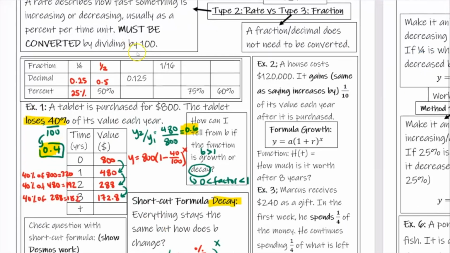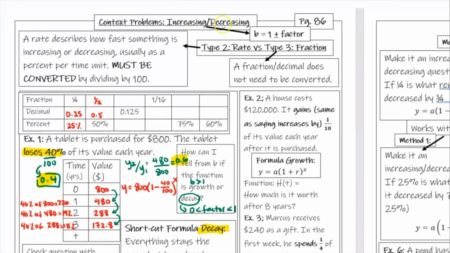What if you don't have percent in the problem, but the question is still saying, hey, it's increasing or decreasing by a certain factor. Okay, so again, it's increasing or decreasing by a percent. Fine, we now know how to do it. But what if it doesn't say increasing or decreasing by a percent? So for example, a house costs 120,000. It gains means increasing, right? Same as increasing. So I should see 1 plus, and this time I have a fraction.